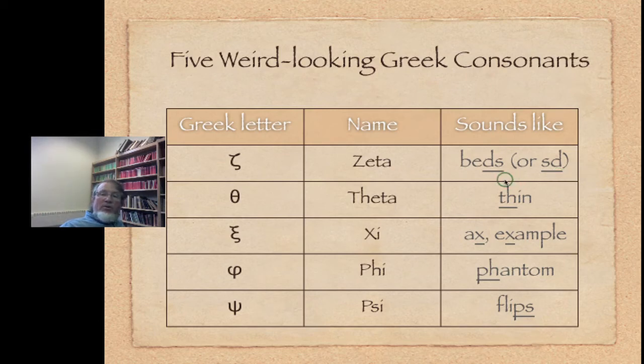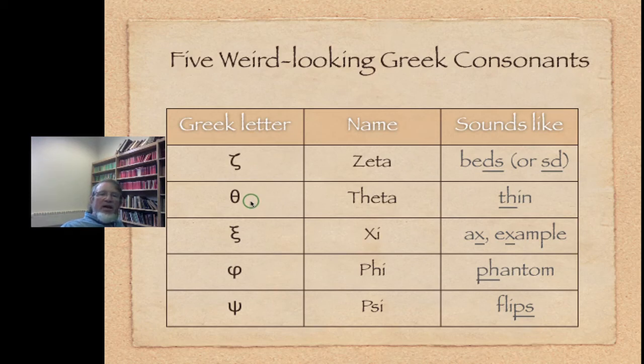And in time, what happened to this sound in Greek is that it came to be pronounced the other way around. Z. Instead of zd, z. You can pronounce it either way. Early on it was pronounced zd, later on z.